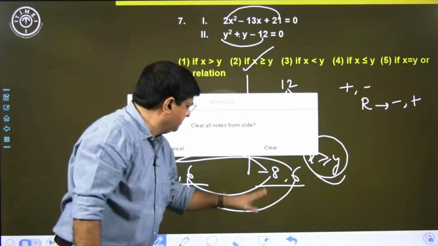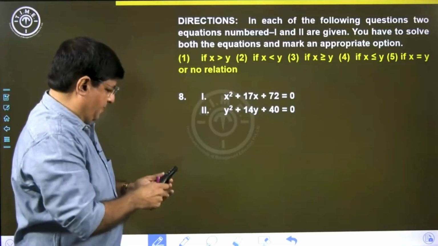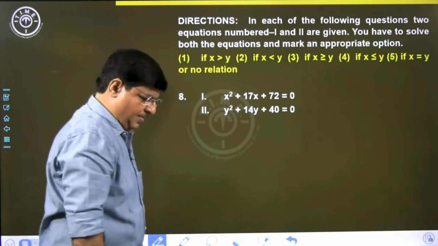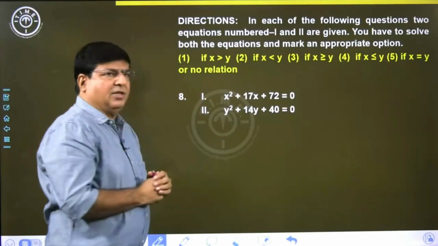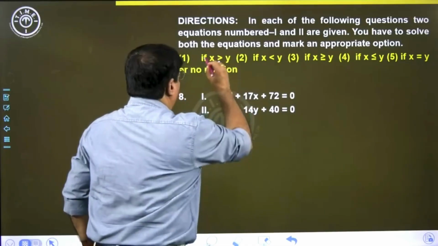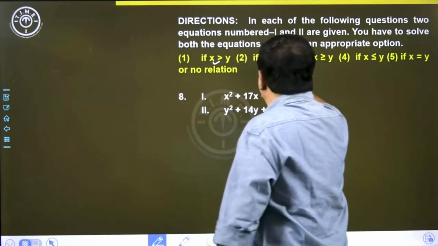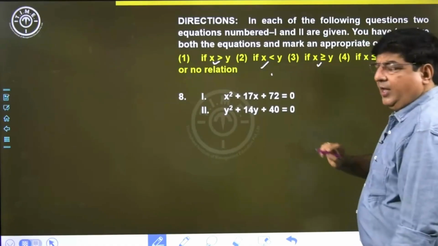Next question now. The directions have changed slightly for this question. X greater than y you will mark 1. X less than y you will mark 2. X greater than or equal to y you will mark 3.